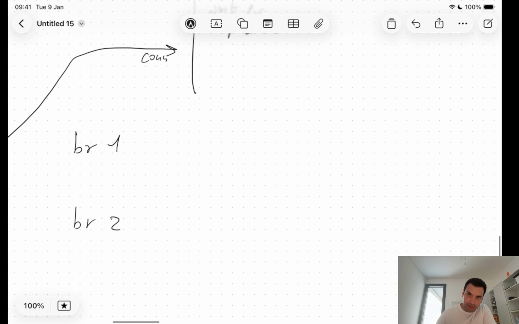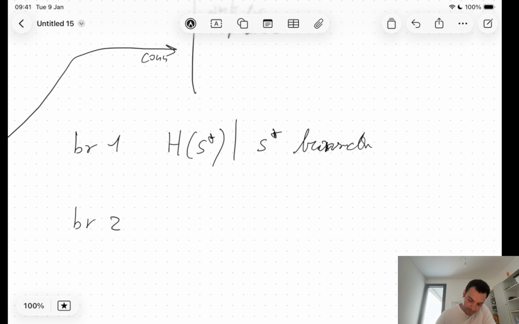Branch 1 basically has as output script a hash of a secret. So that if you put the secret S, the transaction is valid and money goes to Alice.